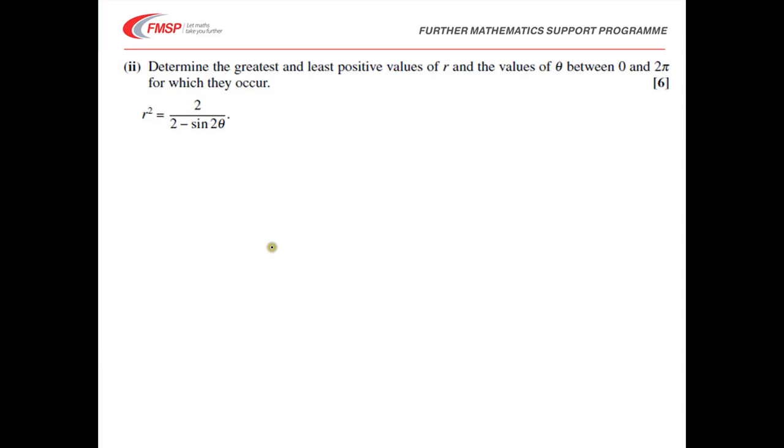So the greatest and least possible values of r. Well, r squared is a fraction, so the maximum value of r squared will be when the denominator is minimal. I want to make that as small as possible.